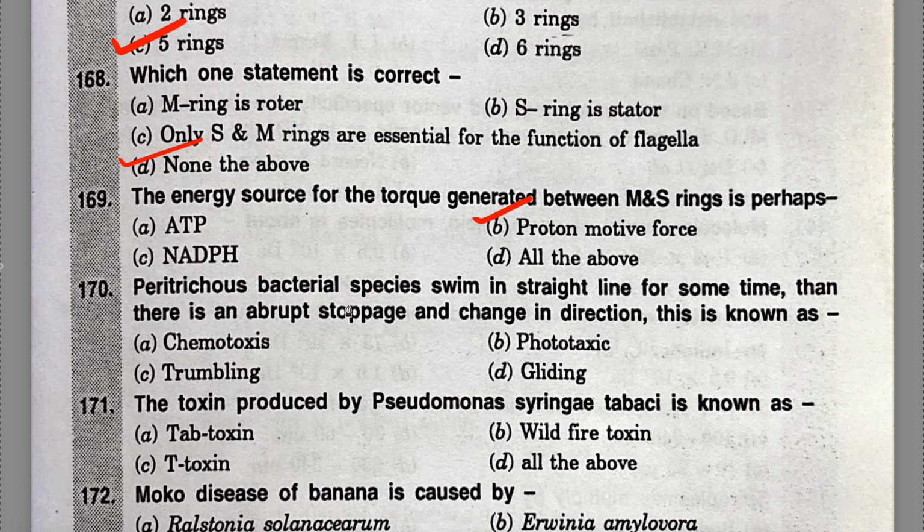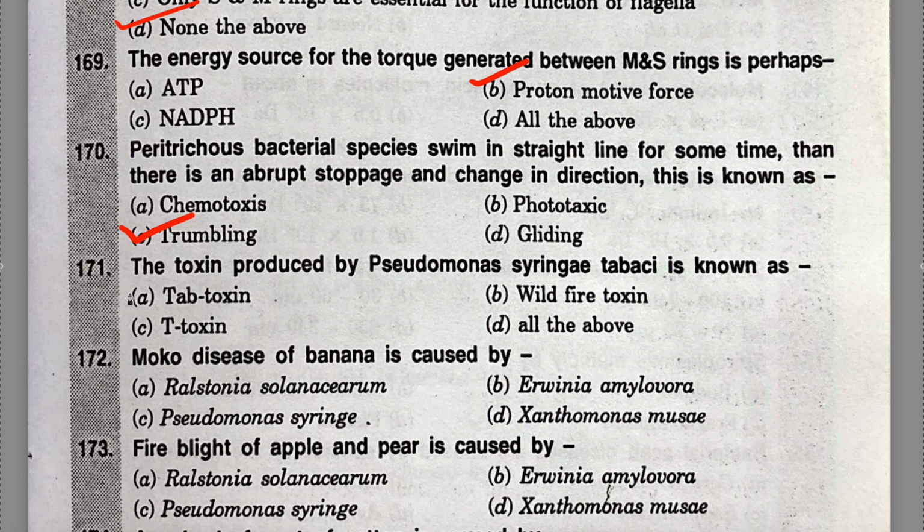170. Peritrichous bacterial species swim in a straight line for some time. Then there is an abrupt stoppage and change in direction. This is known as chemotaxis, phototaxis, tumbling or gliding. So this is known as tumbling. 171.